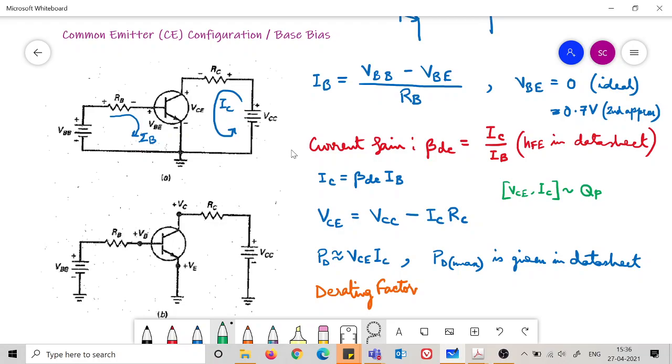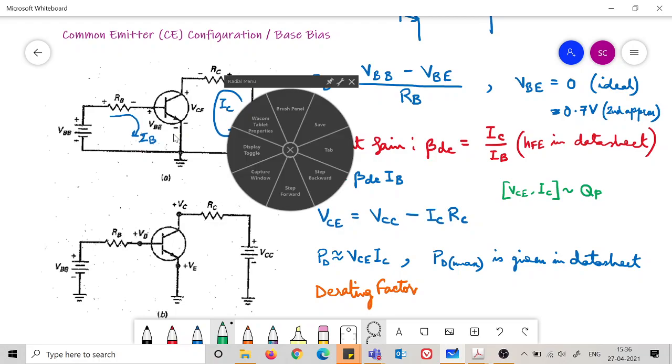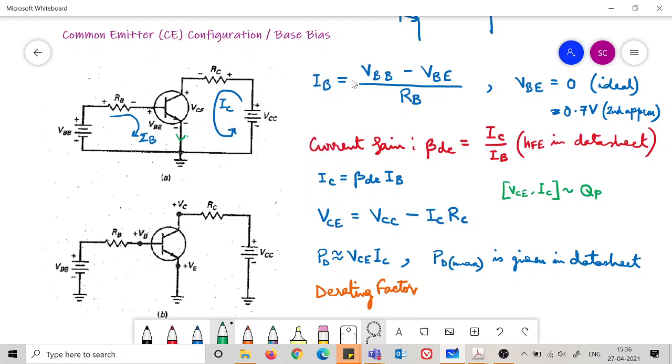So there is something called the emitter current, which in this particular place we have not shown, there is an IE, which is nothing but IB plus IC. So in some part of this, VCE and IC are there, and in some part, VCE and IE are there.